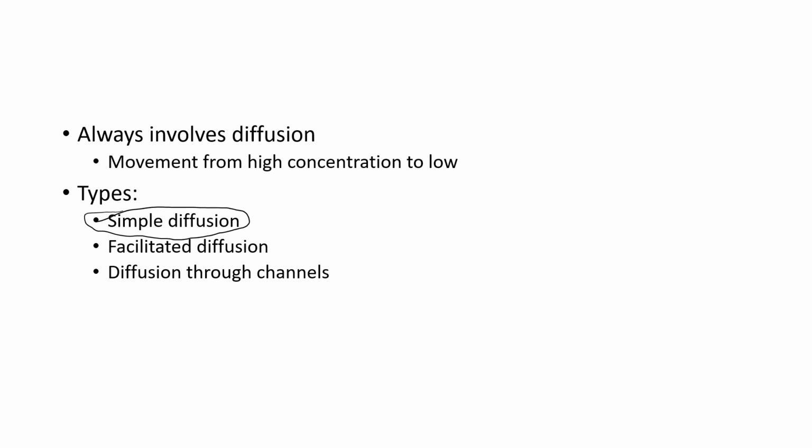If the molecule is charged, either polar or ionic, or sometimes just very large, then it's going to use either diffusion through channels, traveling through a channel that's either open all the time or gated or a combination of the two, or facilitated diffusion, where the integral protein is open facing one side, closed off facing the other, and changes its orientation once the molecule docks. Okay, so these are all different types of passive transport.